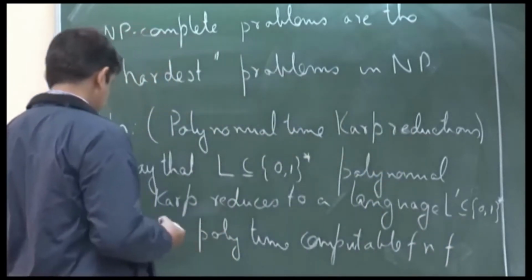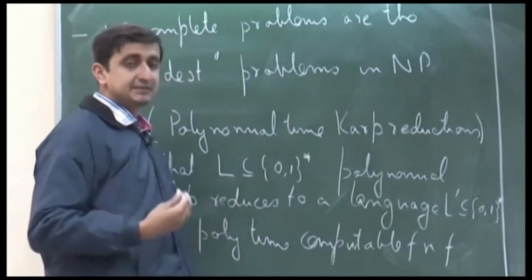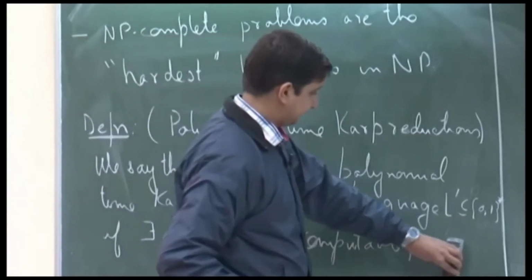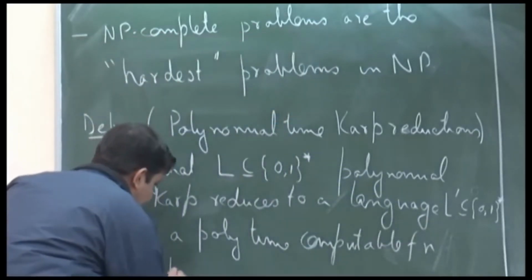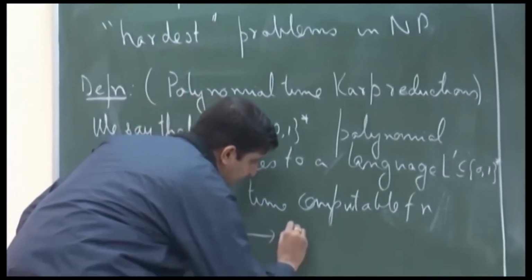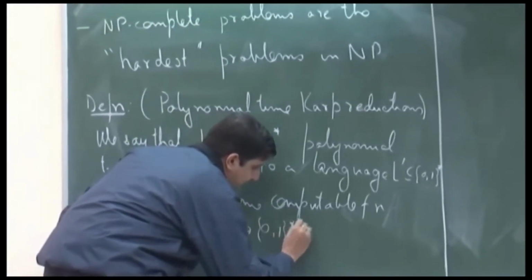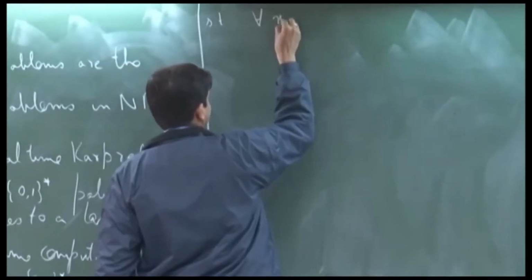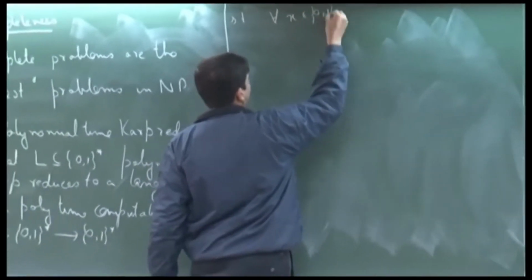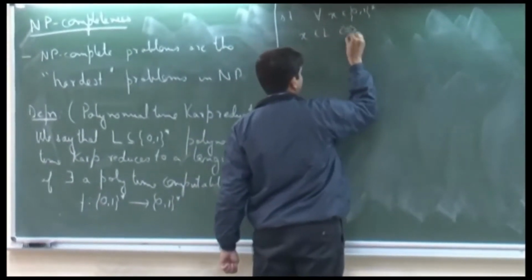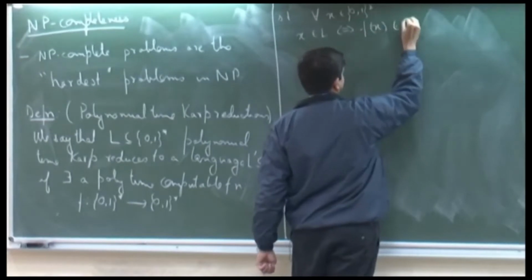f. So f basically takes strings and outputs strings. Just write it here: a computable function f from {0,1}* to {0,1}* such that for all strings x, x is in L if and only if f of x is in L prime.